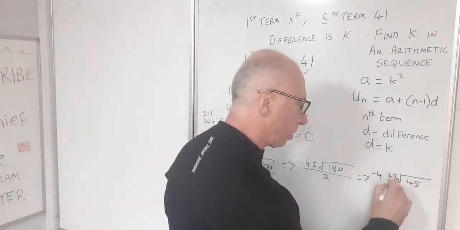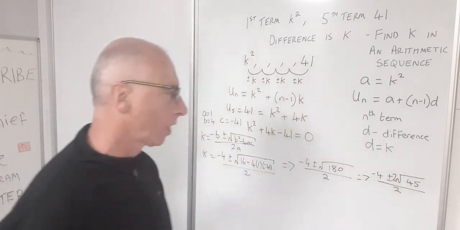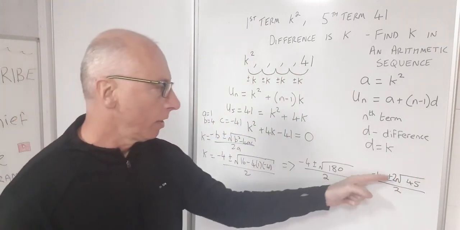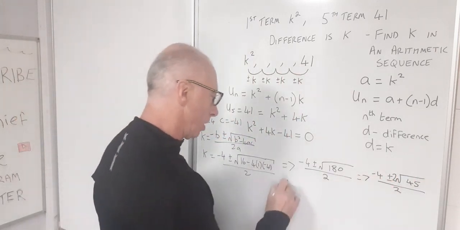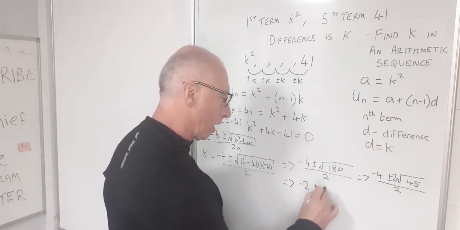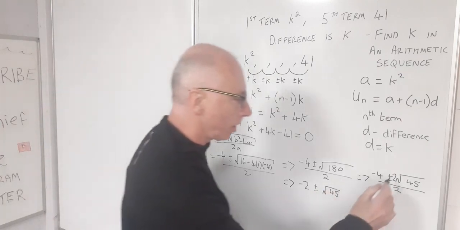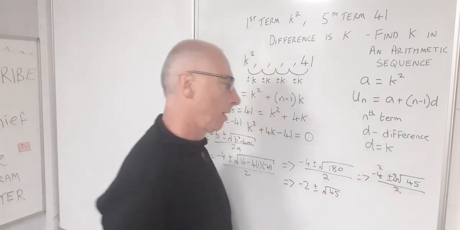Square root of 4 gives me 2. So I can then divide all that by 2. So we can divide everybody by 2. So now I've got minus 2 plus or minus square root of 45, and the 2's are all cancelled.